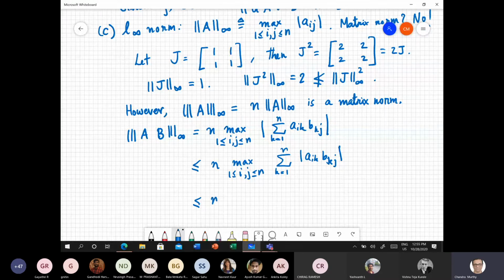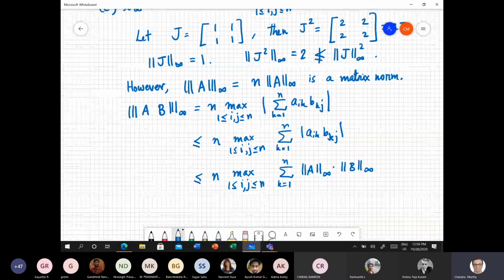And so that is less than or equal to n max over i, j of sigma k equal to 1 to n of the infinity norm of A, where this is the maximum magnitude entry, which is the norm with 2 bars as I defined it here, times the infinity norm of B. And now there are n such terms here, so I get an extra factor of n by removing this summation.